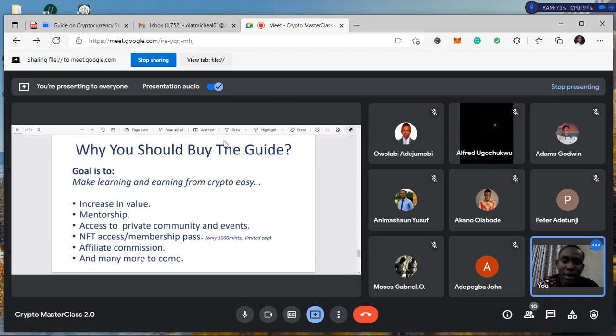As you buy the course, you have a copy of the course as an NFT. That NFT will also be placed at a particular value, so it's either you buy the course or you buy the NFT. After the 1,000 has been minted, the course will be taken from sales. You won't be able to buy it anywhere except from the blockchain, which is the NFT.